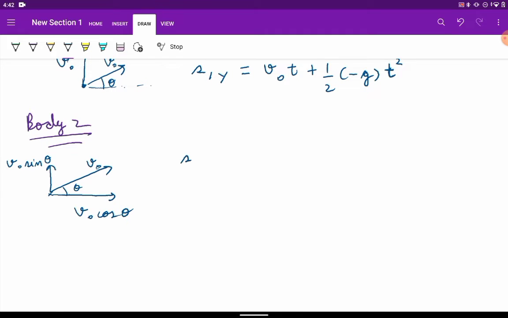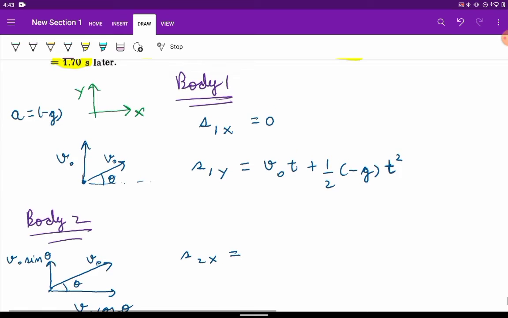So s2x is nothing but just, and also one more thing that I should have mentioned is that the origin O is the point at which both the bodies are thrown.